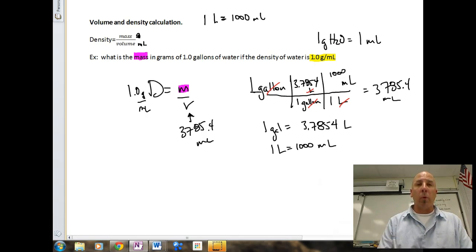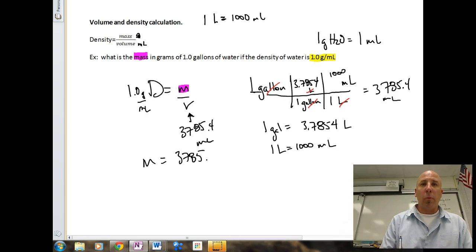Obviously, when we're multiplying by 1.0, it's going to be the same. So mass is going to equal 3785.4 grams, which is way too many sig figs there. Let's go to 2 sig figs. Let's call this 3.8 times 10 to the third grams. And there's our final answer.